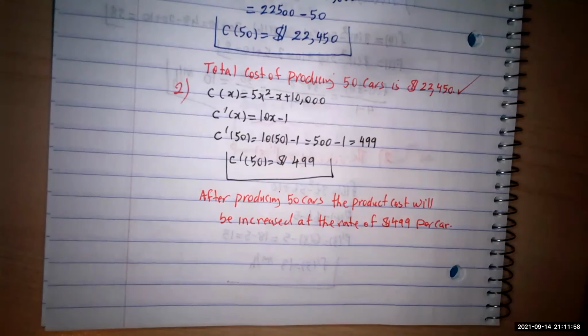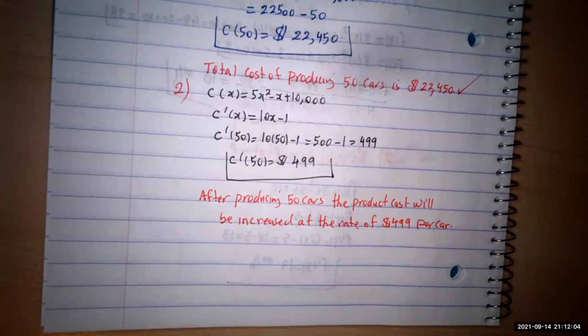So that's the best format that would be connected to the rate of change. The cost to produce each additional car, yes, that's true.